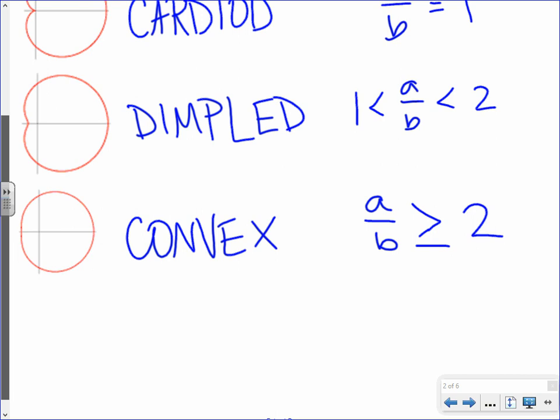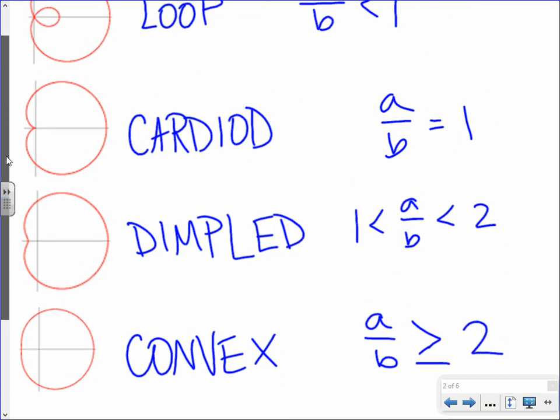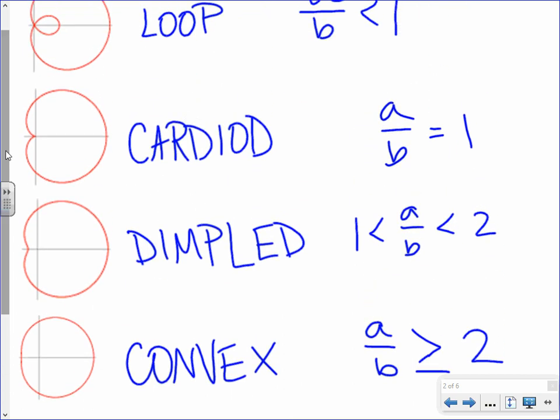Okay, so we're going to do 4 different examples so you can see all 4 types of limaçon. But what I want you to notice: how many of these go through the pole? We can, either way, go through or touch.